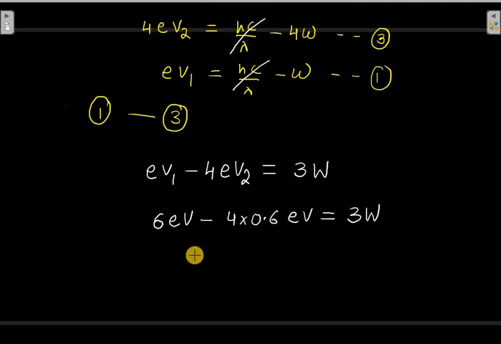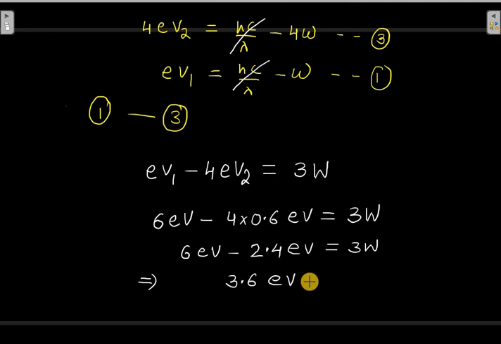So that can be written as basically 6 electron volt minus 2.4 electron volt will be equal to 3W, or we can write, implies that 3.6 electron volt will be equal to 3W. From here we can write W will be equal to 1.2 electron volt.